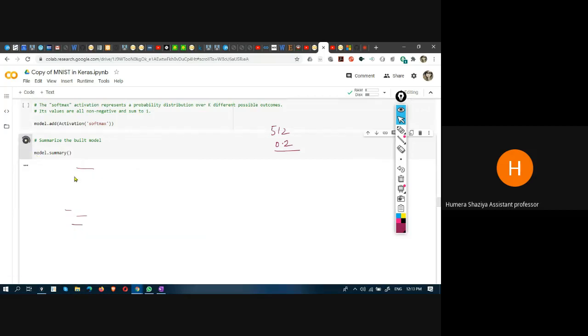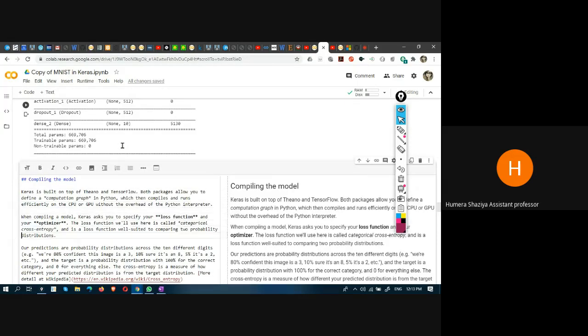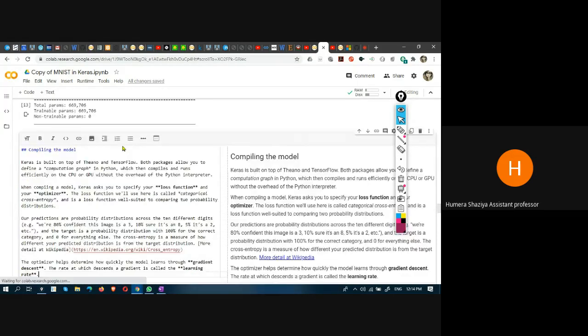And what is the summary? This is the summary. We have a dense layer, we have activation, we have dropout, then dense 2, activation, dropout, and dense. So this is the compilation of the model.